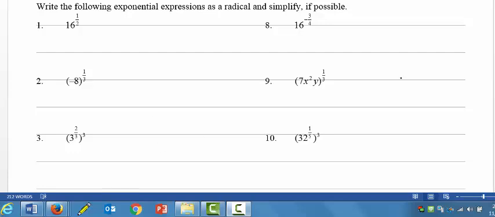So let's use this definition to rewrite 16 to the 1/2 as the square root. The denominator of the radical is 2. That lets me know I'm dealing with a radical whose index is 2. That's a square root. So this is the square root of 16, which equals 4.